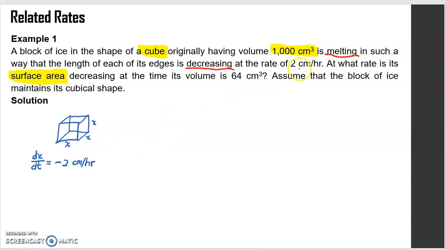At what rate is its surface area decreasing? So we need to find dA over dt when the volume is 64 cm cubed.